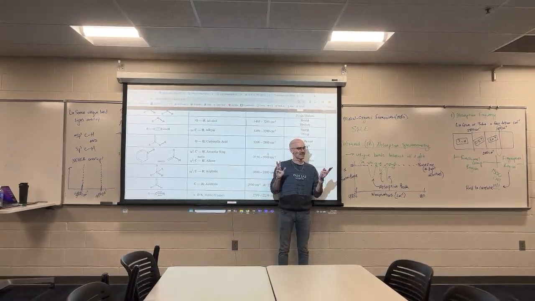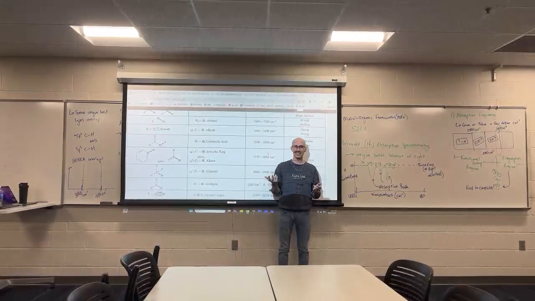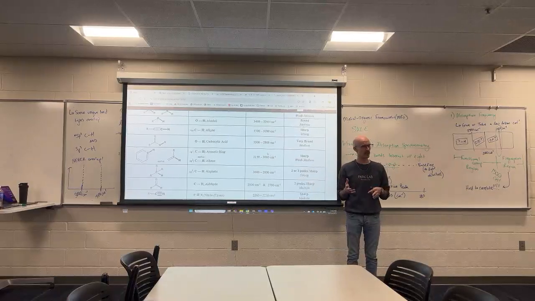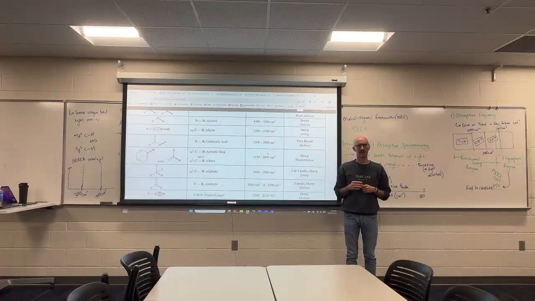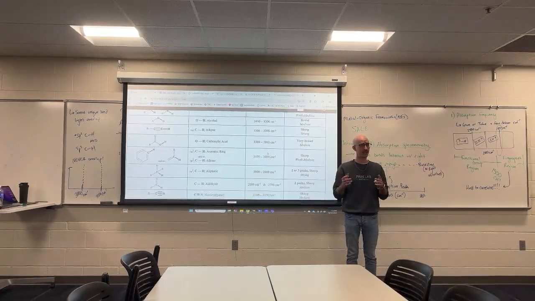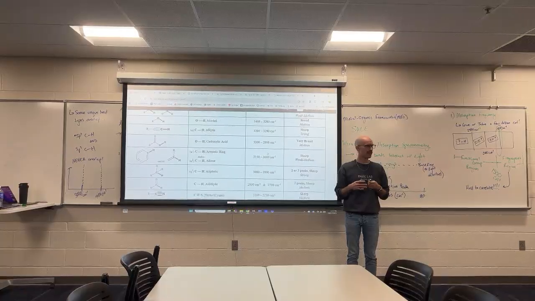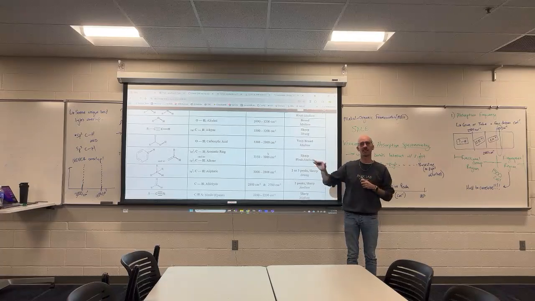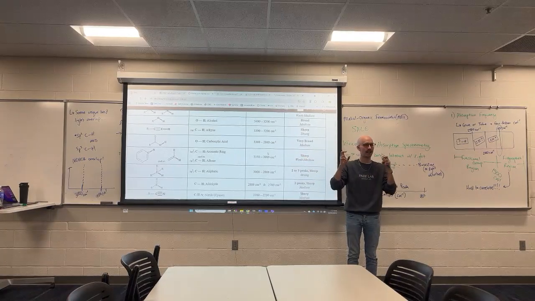A little bit of terminology: aliphatic just means alkane-like, but not all sp3CH groups are part of an alkane carbon. If I have an alcohol connected to an sp3 carbon, then technically the hydrogens bonded there too are part of an alcohol group. So it's not necessarily alkane, it's just aliphatic.